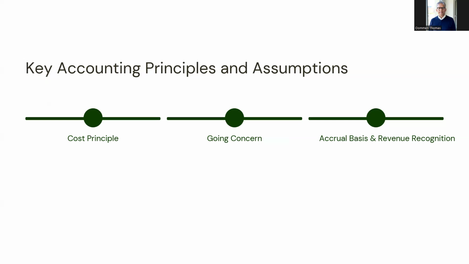Closely related to the idea of accrual basis accounting is the concept of revenue recognition. It deals with the question of when revenue is specifically recorded as being earned. There are many rules regarding revenue recognition under various revenue recognition methods, and these rules vary significantly across industries and sectors.